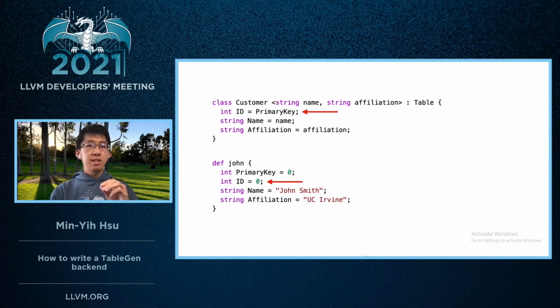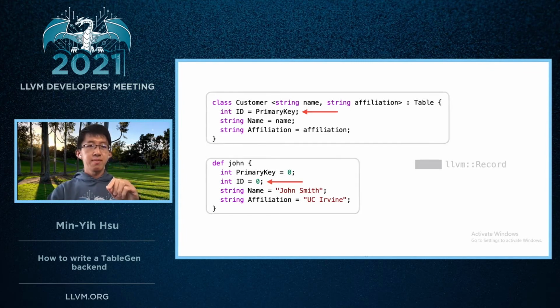Instead, the ID field in the customer class used the primary key variable as its value. That is because for a TableGen class, the TableGen framework doesn't aggressively resolve the values. So here, if we're asking the TableGen framework what is the value of the ID field for this customer TableGen class, it will actually tell you it's a variable primary key instead of an integer 0. And we will actually leverage this property later.